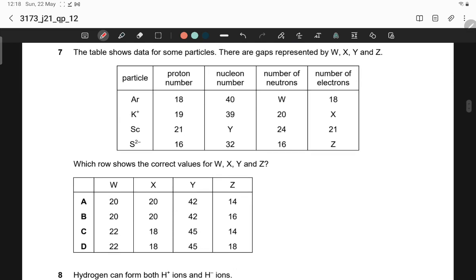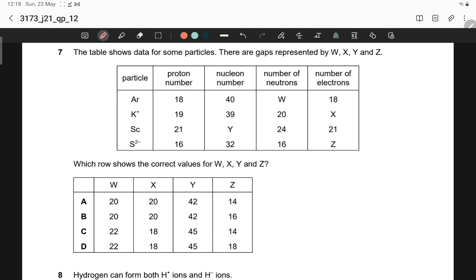Question number 7. The table shows data for some particles. There are gaps represented by W, X, Y, Z. Particles argon, potassium ion, scandium, and sulfur 2 minus sulfide ion.